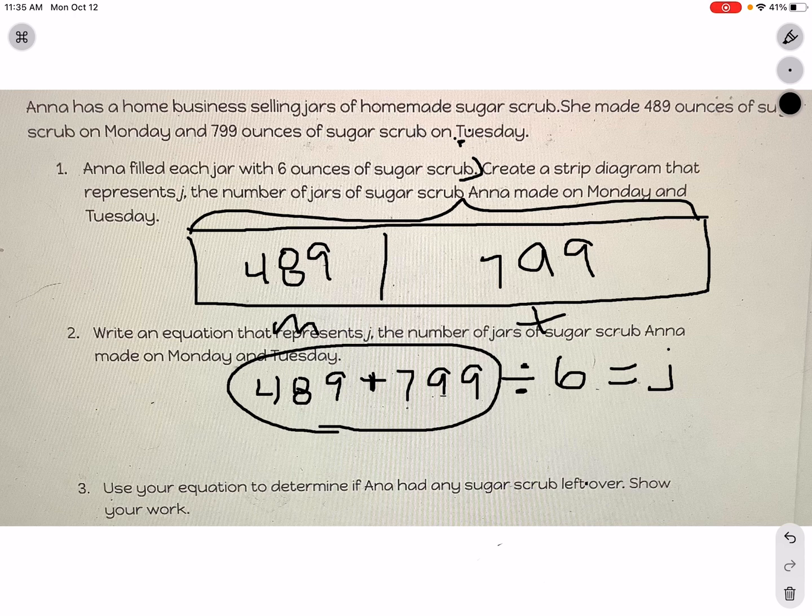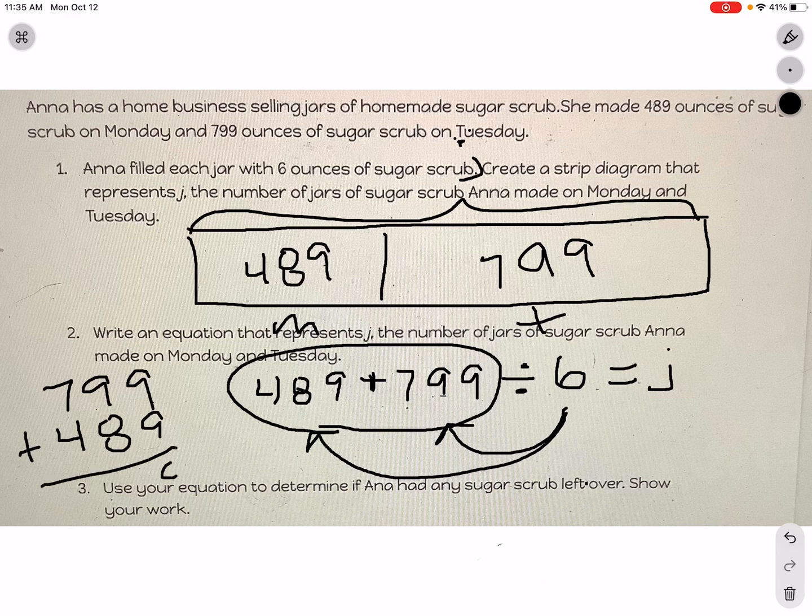Now there's multiple ways you could have done this. You could have divided 6 into 799 and 6 into 489 and then added those two numbers up. But for simplicity's sake, I'm just going to add 489 and 799 together. 799 plus 489. 9 plus 9 is 18. 9 plus 8 is 17, plus 1 is 18. 7 plus 1 is 8, plus 4 is 12.